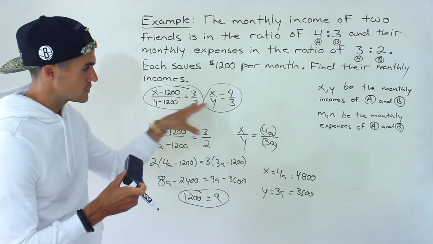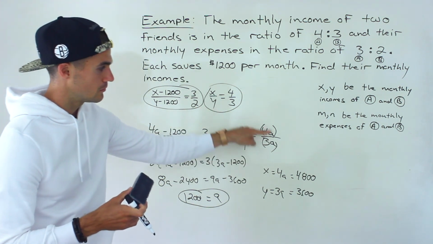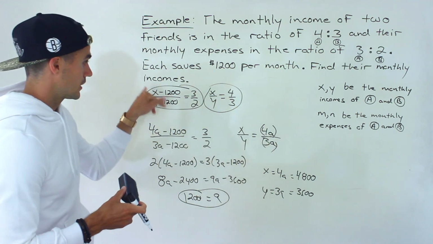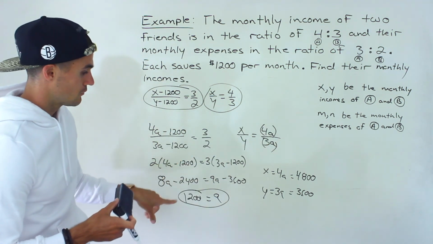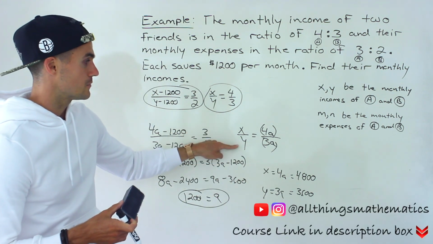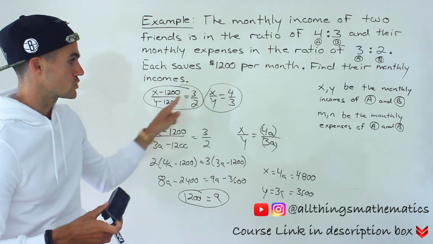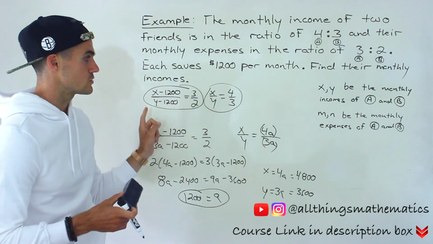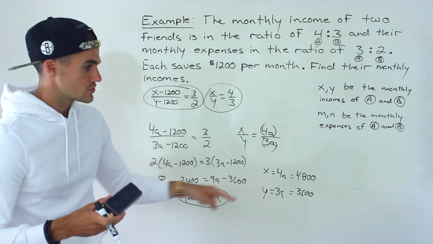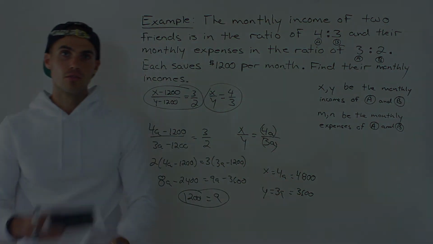But once you get to this point, 2 ways to do it. You can do it quicker by introducing a new variable, plugging it in here, and everything's going to be in terms of one variable, and then finding out the incomes after. Or you can directly get the incomes, but then you'd have to do a substitution or elimination using these two equations like we did before. Whichever way you do it, the answers are 4800 and 3600.